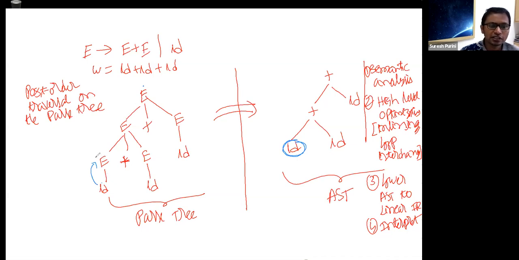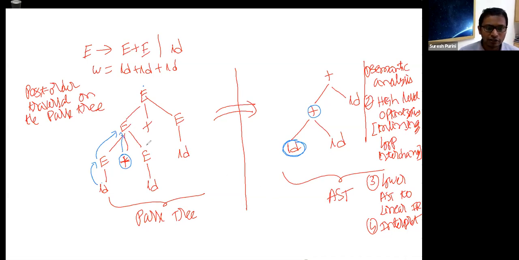When you are processing the parent node, you don't do anything, you just pass this pointer up to its parent. So at this node, you have processed the left subtree, and then you go to the middle node, which corresponds to plus. When you hit the plus, you create a node plus, and you pass this AST node to the parent.